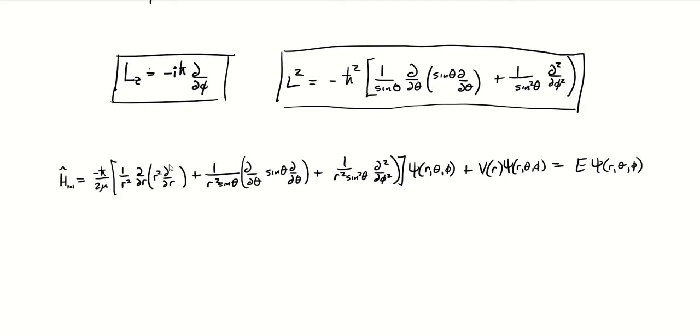So that is our Hamiltonian, and if we look at this, we can compare and see this part is quite similar to that part, right? It's the exact same thing, except it's got a 1 over r squared that we could factor out of this.